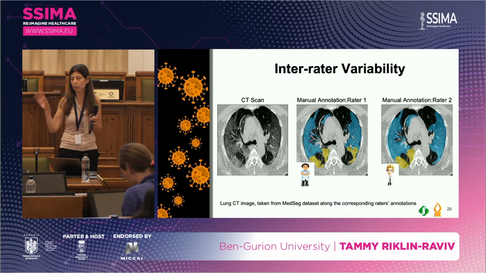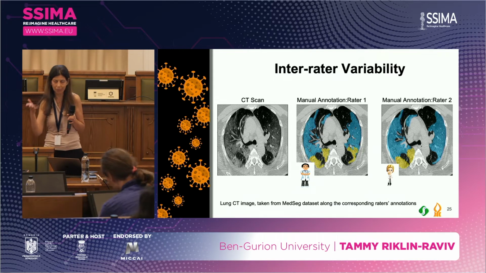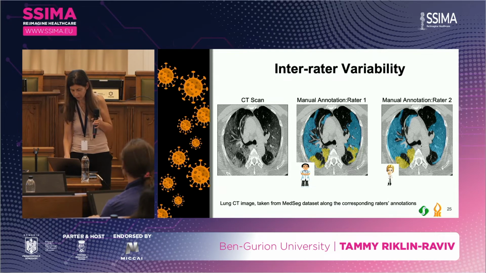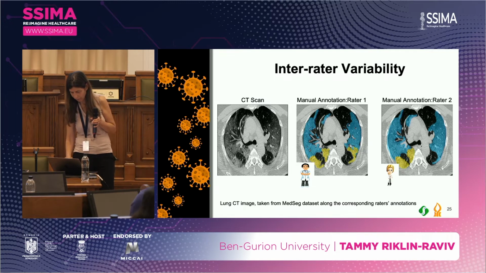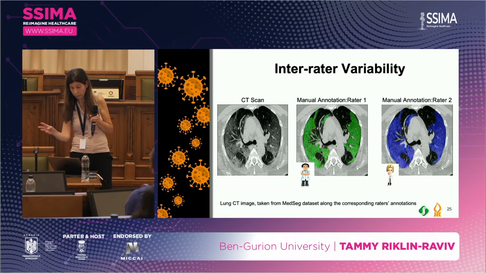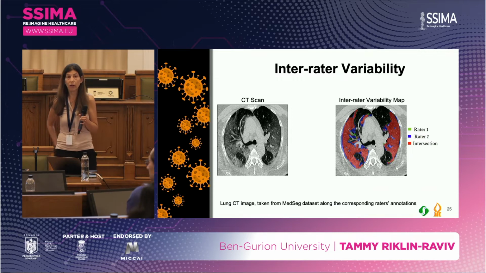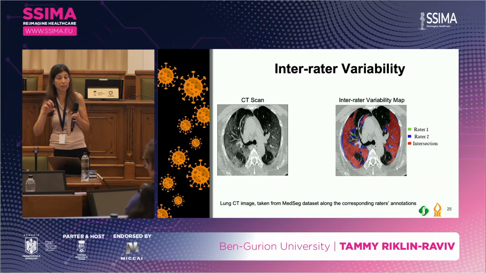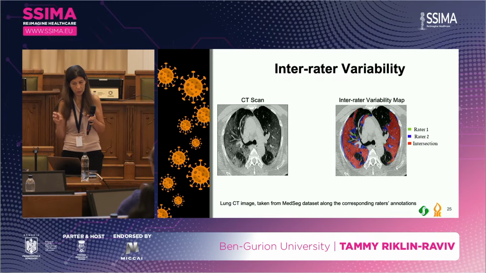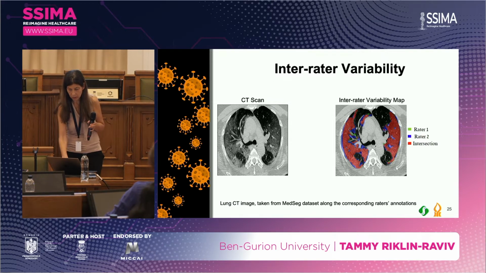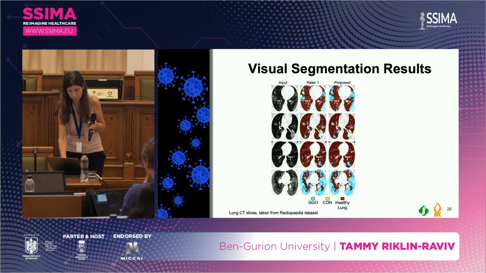In fact, they were both men, but I'm committed to gender parity, so I put a female annotator here. We can look at the binary segmentation, and if I take the intersection, you can see that there is a significant overlap, but still there are differences. The main idea was to compare the intersection and differences to what we get from the ensemble.